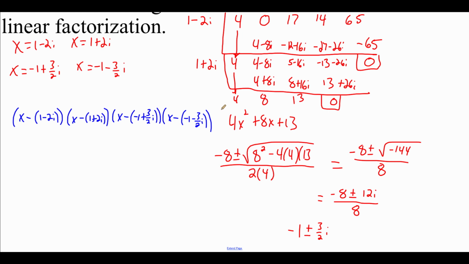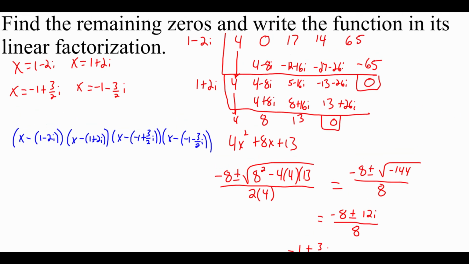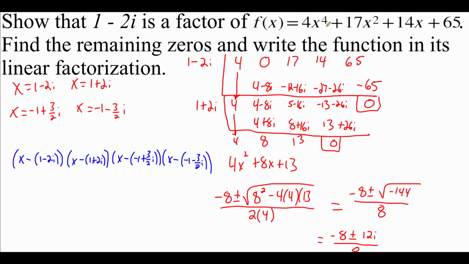If we think about our original function, we had a leading coefficient of 4. So I need to account for that leading coefficient in here. So in front of all of these linear factors, I'm going to sneak that 4 in there. So this would be the linear factorization of that quartic polynomial function with all imaginary zeros.